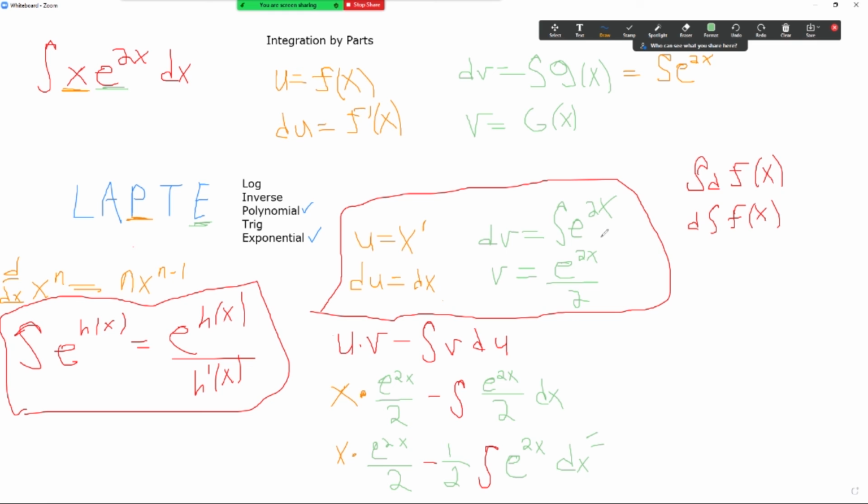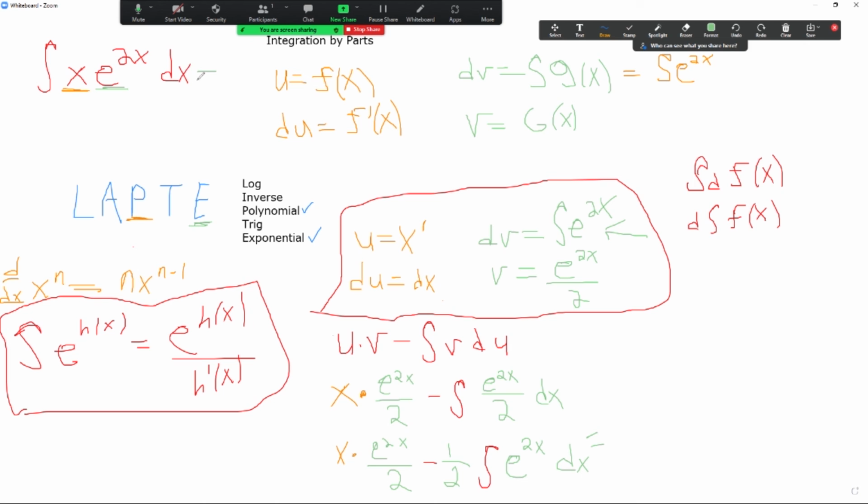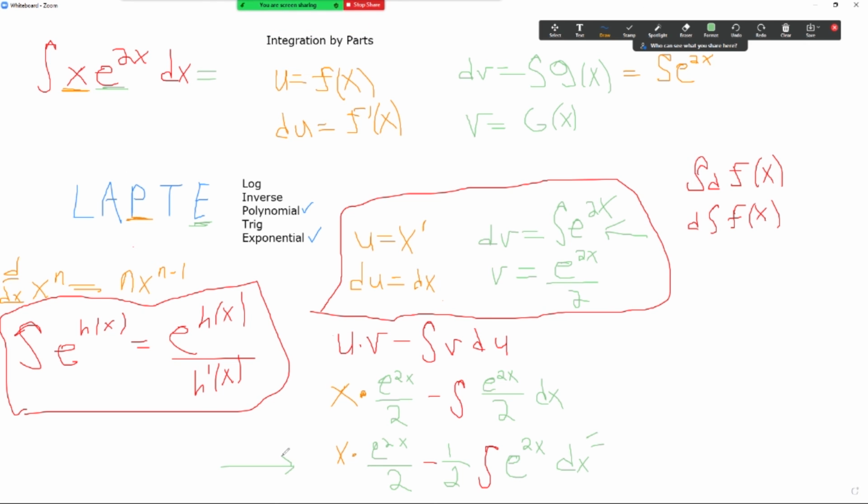So now when you come to what this should be, again, recall we found the antiderivative of e to the 2x here. So the antiderivative of e to the 2x is e to the 2x over 2. But it's going to be plus c in this case because we got to the final integral and we're dealing with an indefinite integral. So essentially, this whole integral equals the antiderivative, so we have to find the antiderivative of e to the 2x.